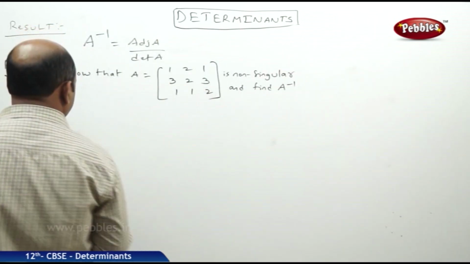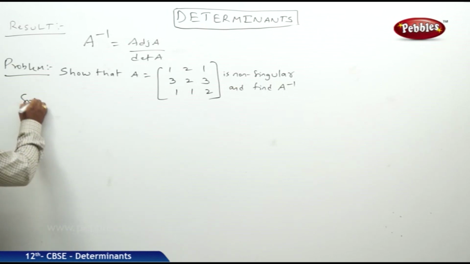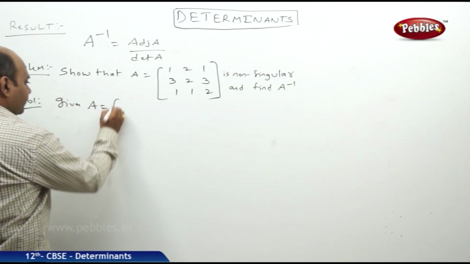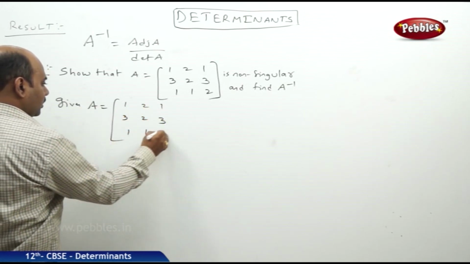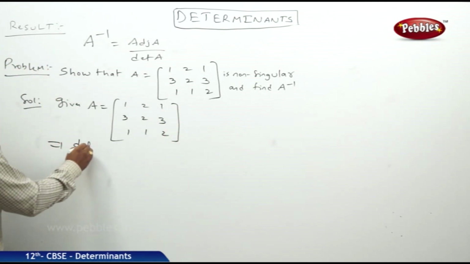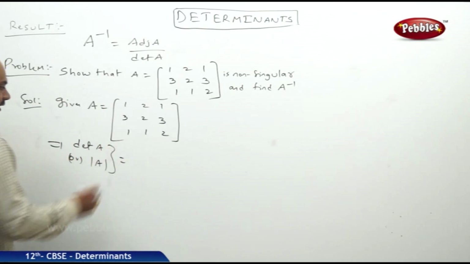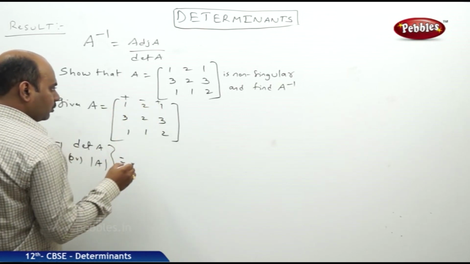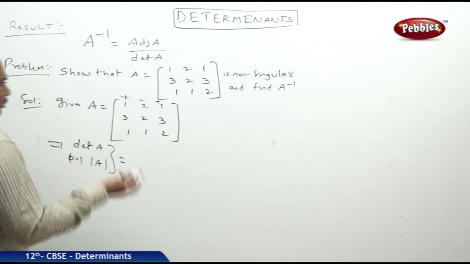So here we shall find the determinant of the matrix. Given capital A is equal to 1 2 1, 3 2 3, 1 1 2, I want to find the determinant, generally indicated by det A or modulus of A. It is up to your wish which row or column you proceed by, but the general practice is to go by the first row.